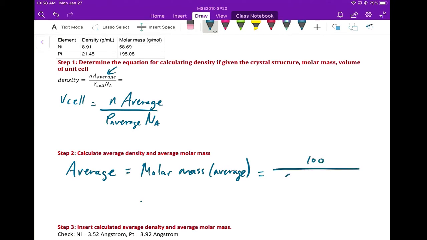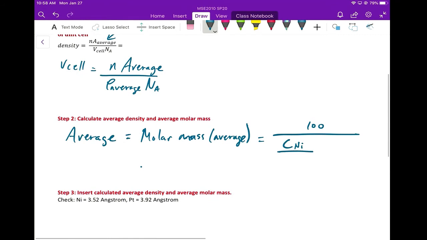We know that we can take the weight percent of nickel divided by the molar mass of nickel plus the weight percent of platinum divided by the molar mass of platinum, which we're given, okay?